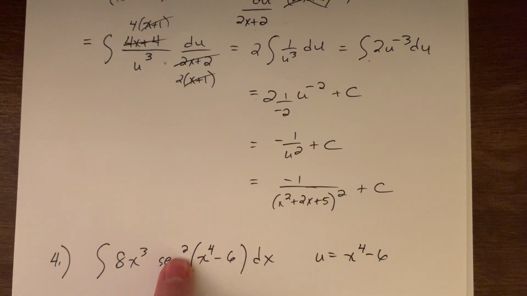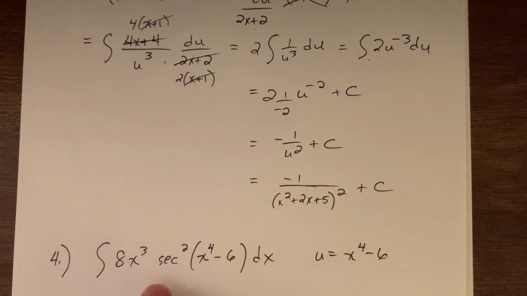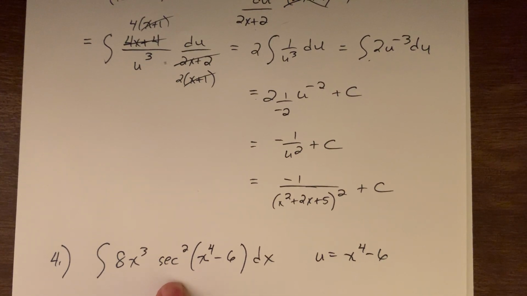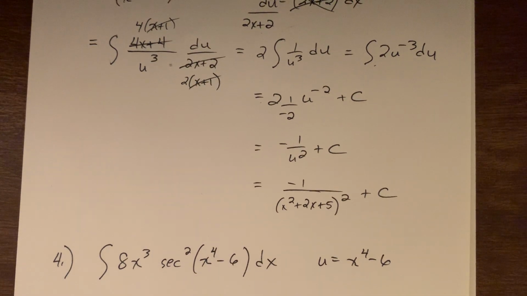If you pick u as secant, then du would be secant tangent, and you still have a lot of x's and nothing cancels. So that's kind of a sign that as long as you know you should make a u substitution, you just picked the wrong piece for u.